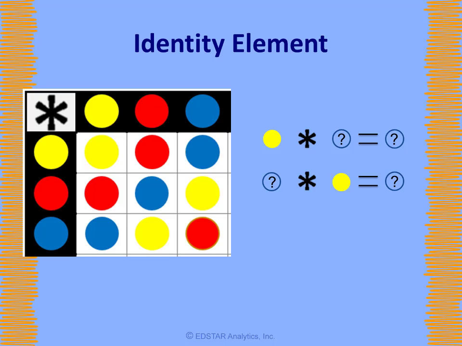Think about it as being like 1 is for multiplication. Anything multiplied by 1 equals that thing. Or like 0 is for addition. Anything plus 0 equals that same thing. Note that yellow isn't inherently an identity element. It's only an identity element for this particular binary operation.